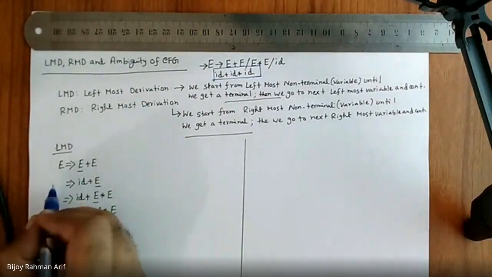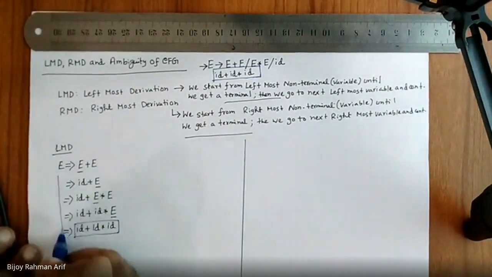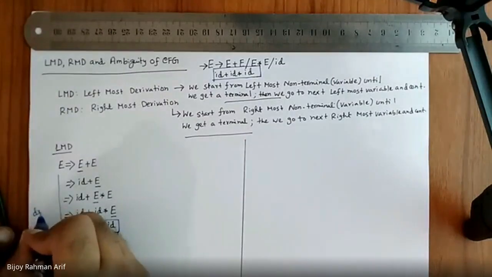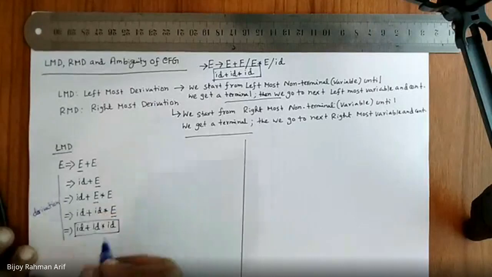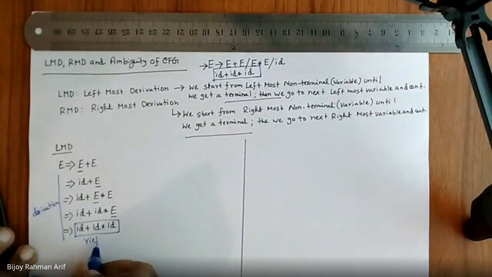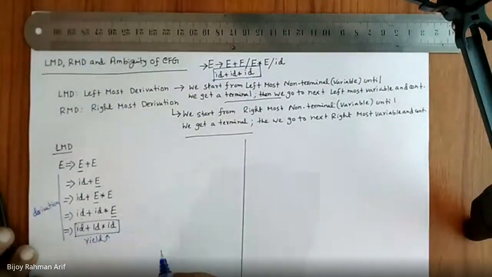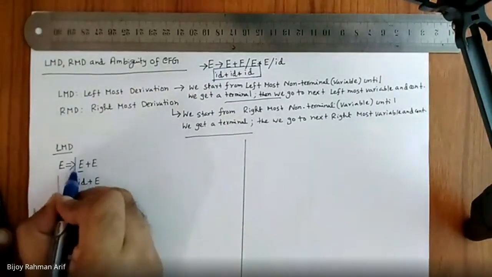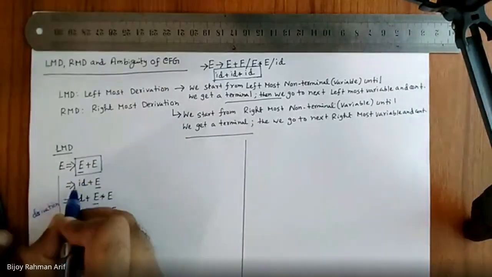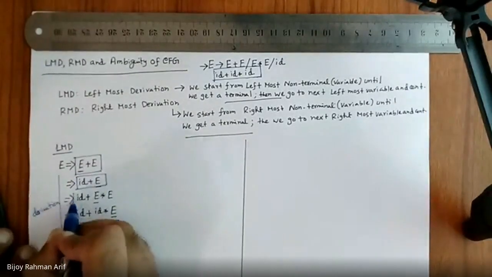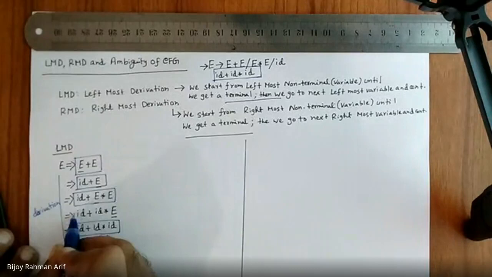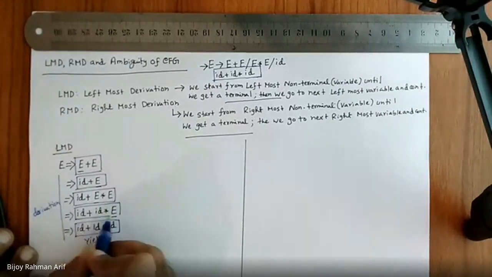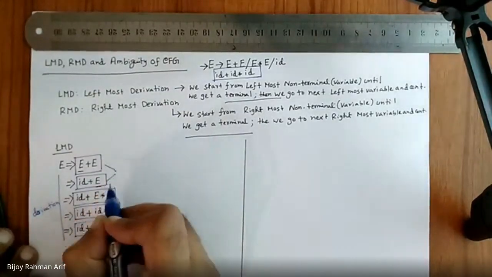Now remember, the whole procedure, starting from the start symbol to getting the desired result, which is also called the yield, is called derivation. And each of these intermediary forms, they are called sentential forms.